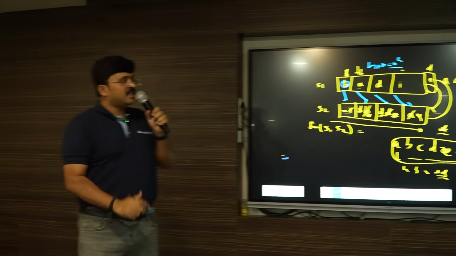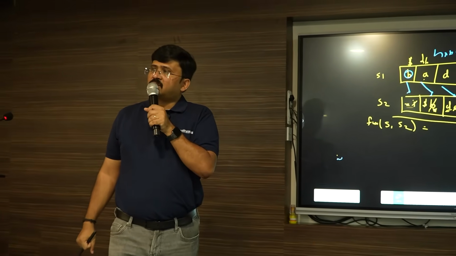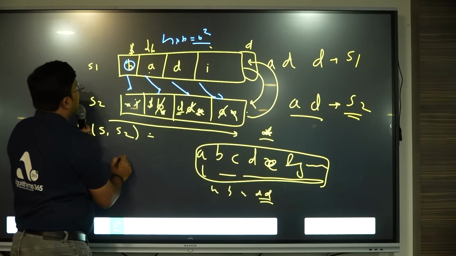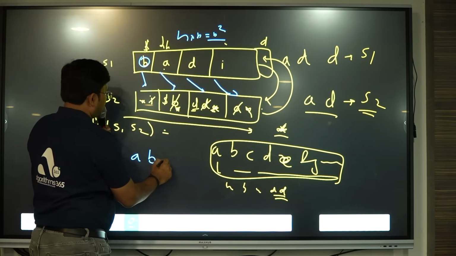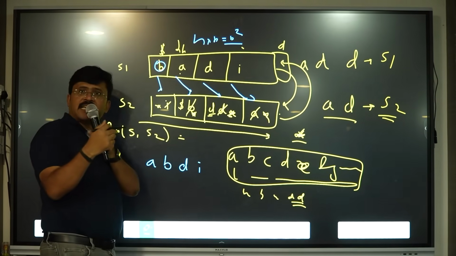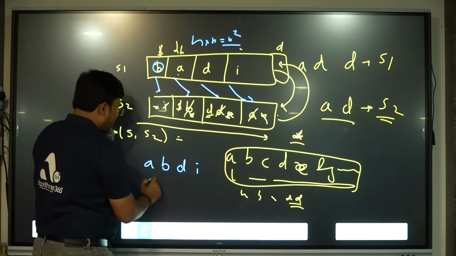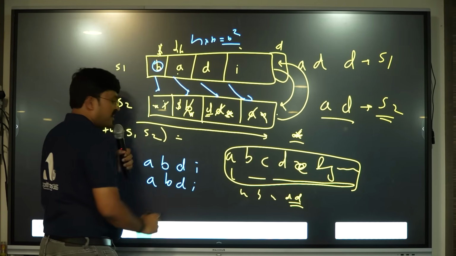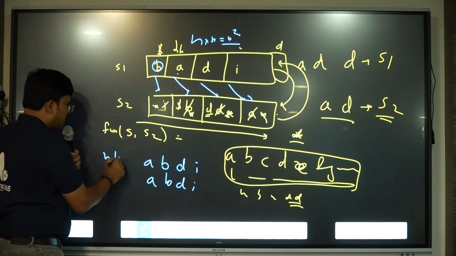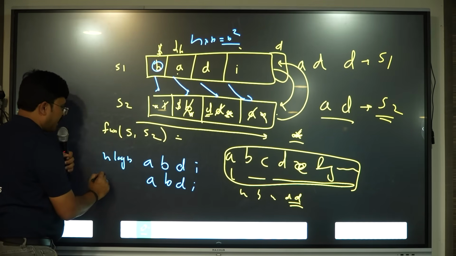What could be the other algorithm? Sort. Very good. Super. So you can sort all these elements so that it will become A, B, D and I. Then you sort the second string. Again it will become A, B, D, I. How much will this sorting take?